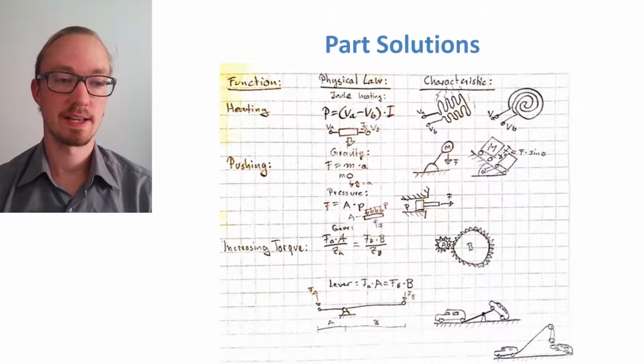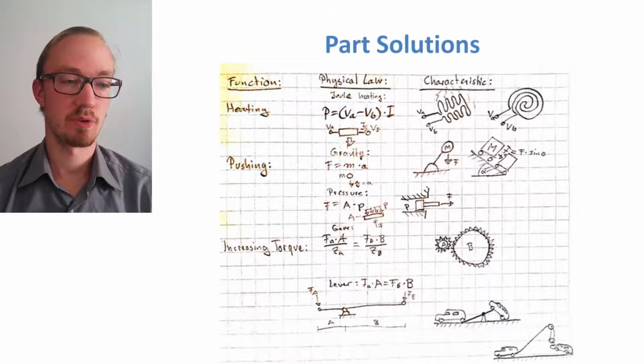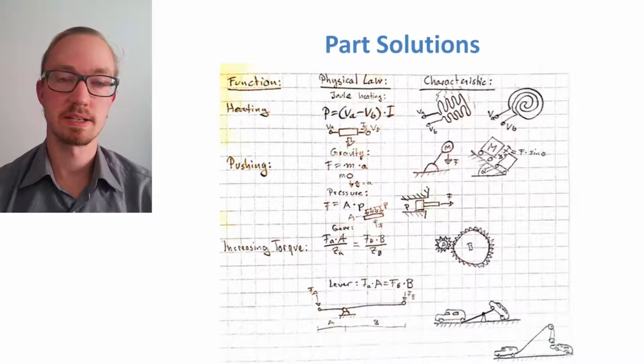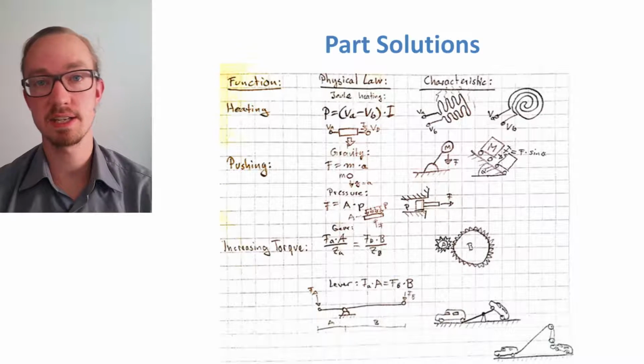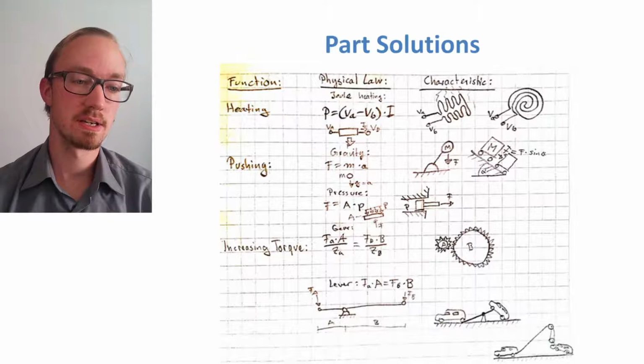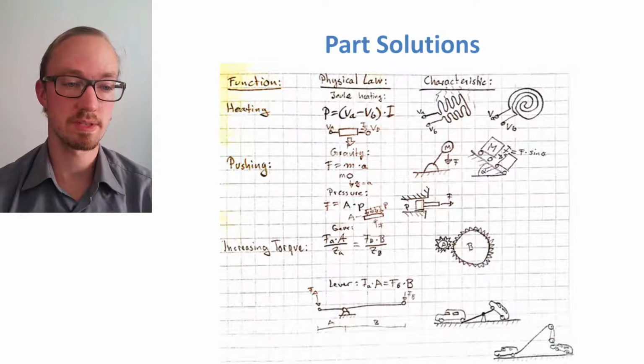Here I have drawn an example. For example, when we have the function heating, we can describe it by the effect of Joule heating. We have the formula P equals (VA minus VB) times I, which is basically the current going through it, and then the resistance, basically the difference, is then radiated as heat.